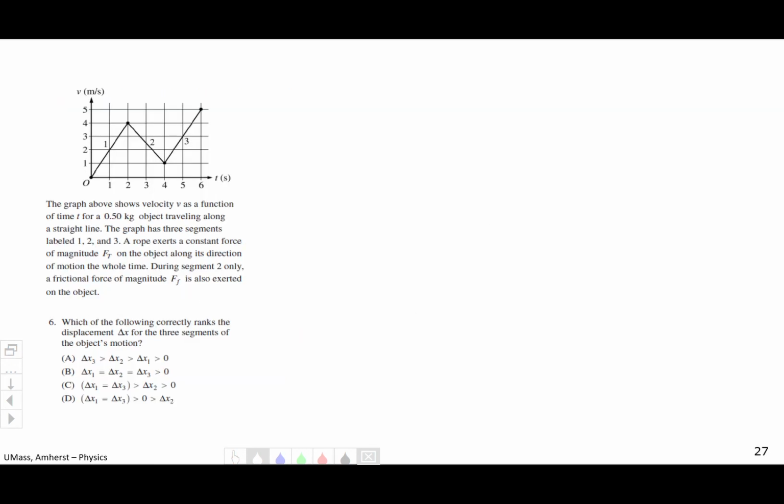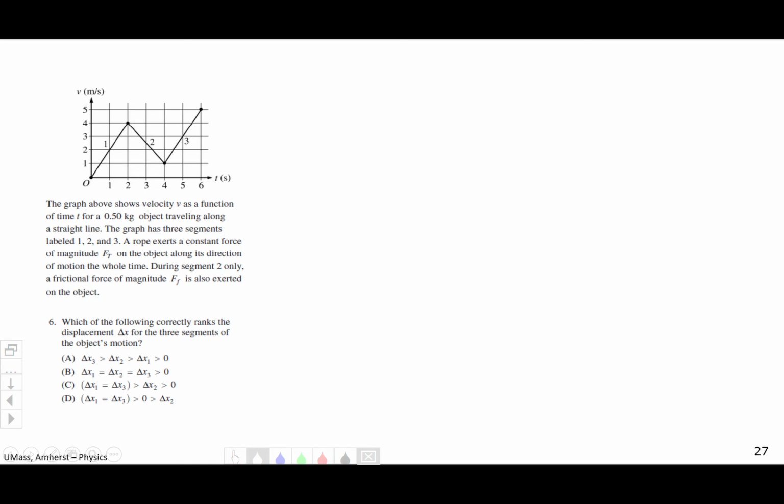All right. The graph shows a velocity v as a function of time t. For a 0.5 kilogram object traveling in a straight line, the graph has 3 segments. A rope exerts a constant force along its direction of motion the whole time. During segment 2 only, a frictional force is also exerted on the object.